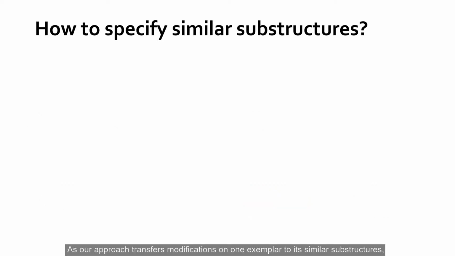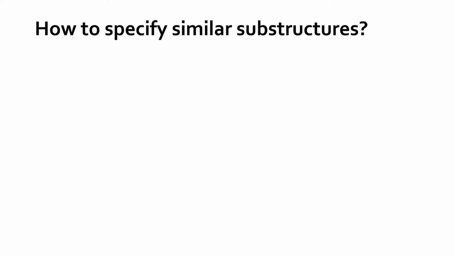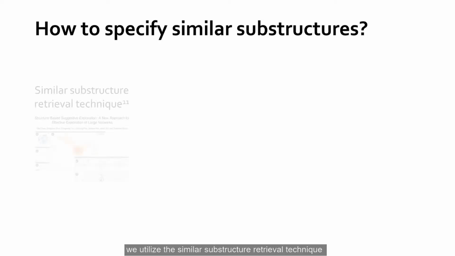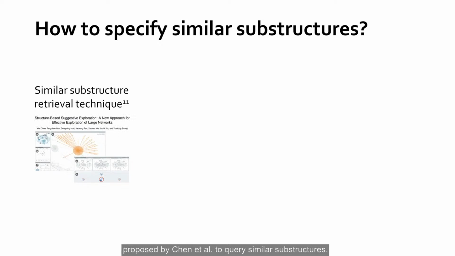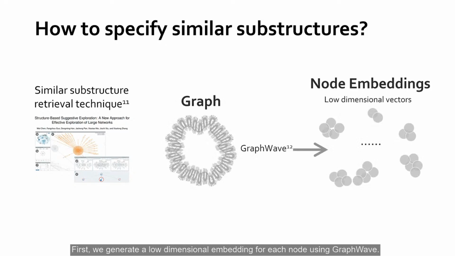As our approach transfers modifications on one exemplar to its similar substructures, how can we specify similar substructures? Besides lasso interactions, we utilize the similar substructure retrieval technique proposed by Chen et al. to query similar substructures. First, we generate a low-dimensional embedding for each node using GraphWave.